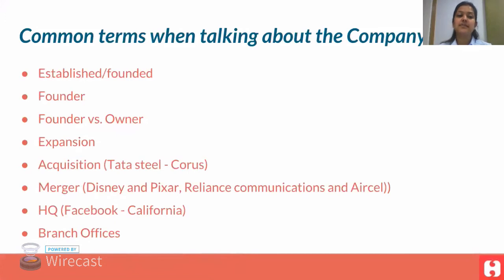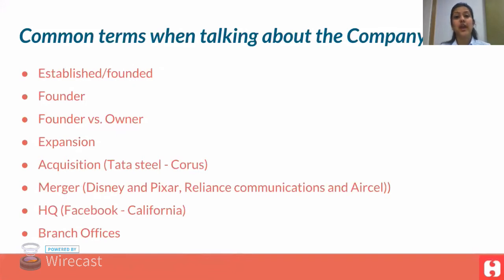Then mergers take place when two companies merge together in order to become one company. That is called a merger. So Disney and Pixar, there was a merger between these two companies. Also, there was a merger of Reliance Communications and Aircel. So these companies merge in order to become a larger organization and expand their business.